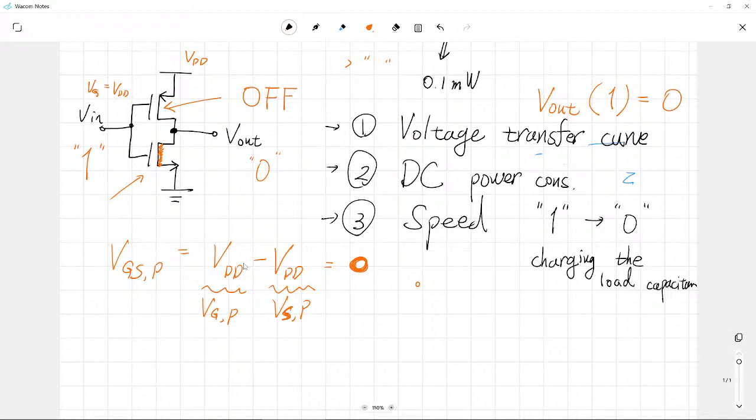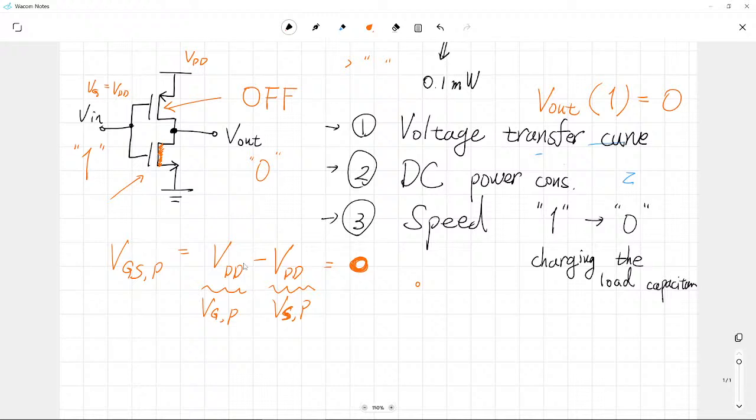So are you with me about this point? Now in this bias condition, when we apply 1 to our NMOSFET and PMOSFET, the NMOSFET is fully turned on. It shows its maximum conductance, and the PMOSFET shows its maximum resistance.